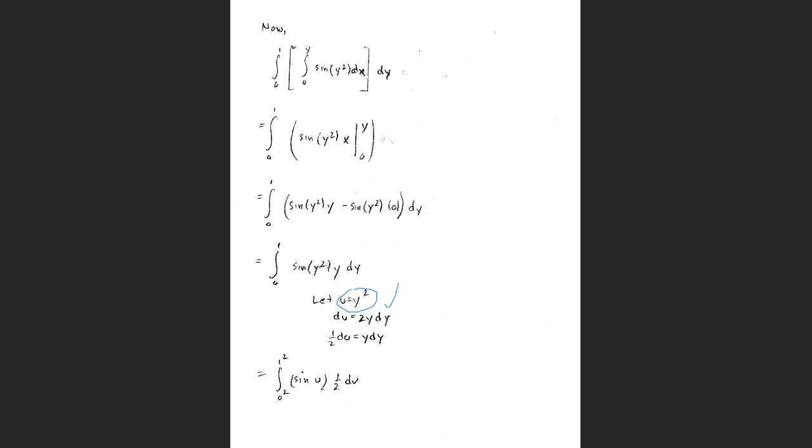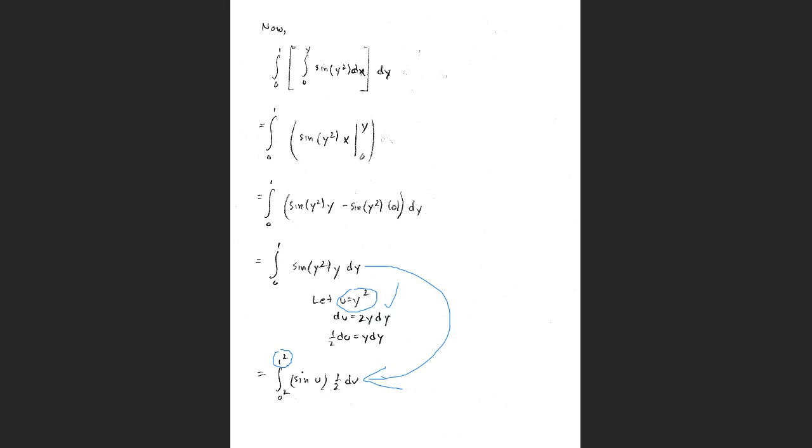Based on the first exam, you are showing work, right? So okay, we make a change. We go from an integral with respect to y to an integral with respect to u, and so naturally the y limits change to u limits, since u equals y squared.